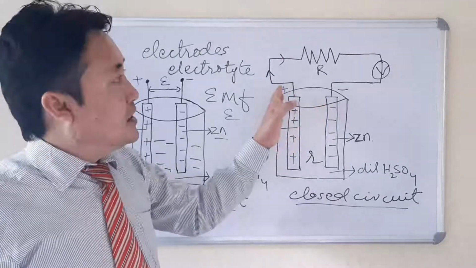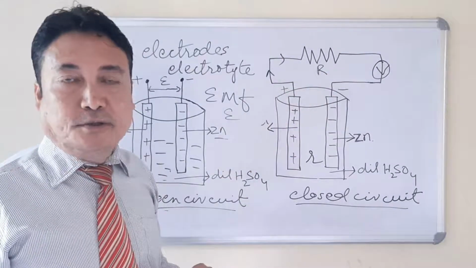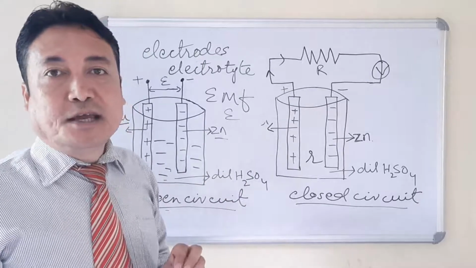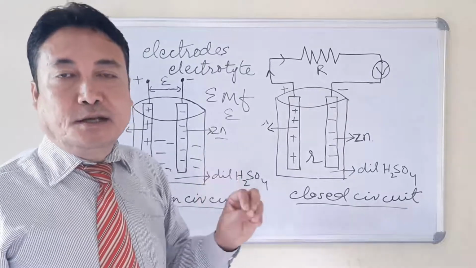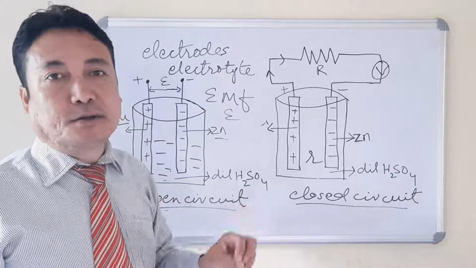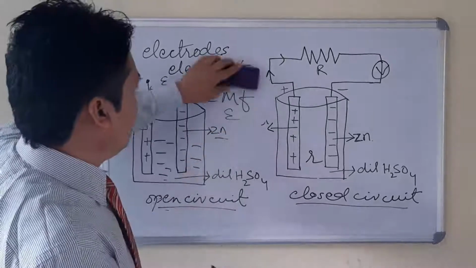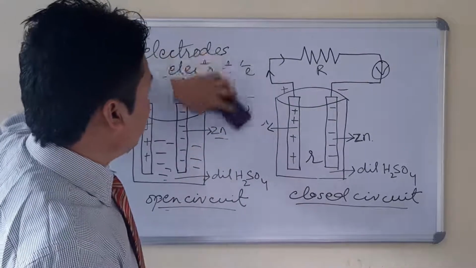When the cell is connected with the external circuit, that potential difference we call the terminal potential difference, or the terminal voltage. So the next point is the terminal potential difference, or terminal voltage.